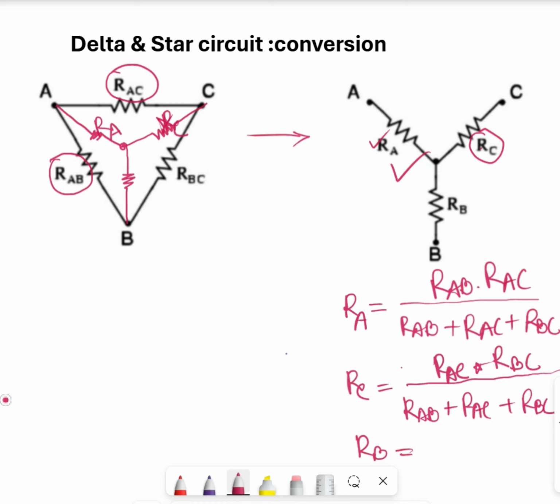Now if we convert from star to delta, in that case we have to write down RAC. What will be RAC in the context of RA, RB and RC? Let's write down RAB.